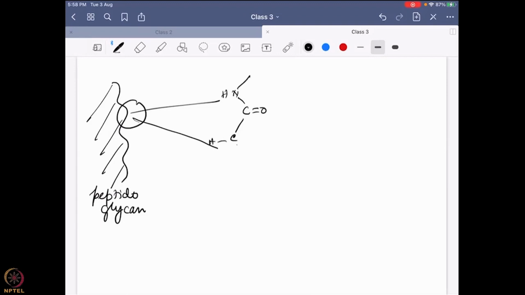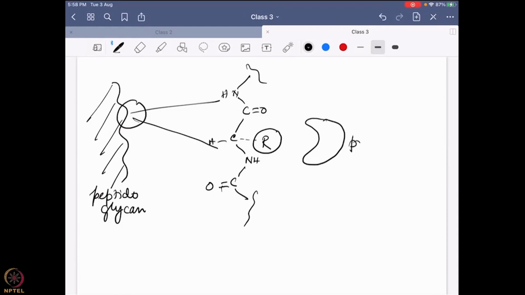Right, CH, and there is this R group, and then there is this NH group, this carboxylic acid group, and so on and so forth. And say this R group is very critical for recognizing the protease when it is coming through. Say this is the protease coming through. So it is understanding this particular R group, detecting it, again, molecular recognition.